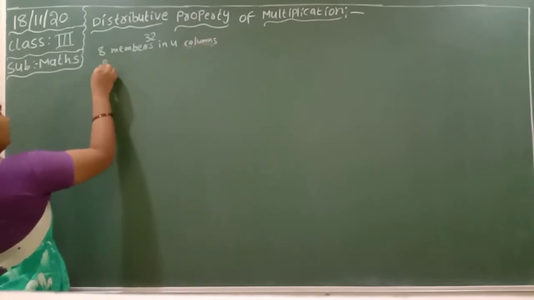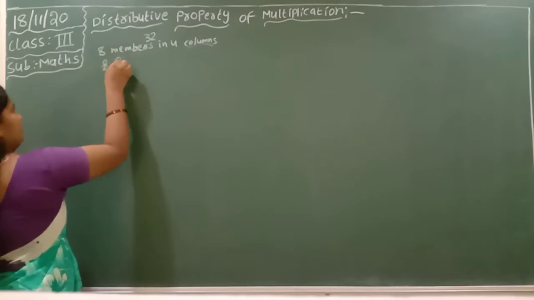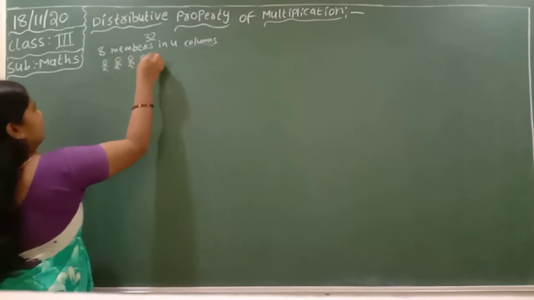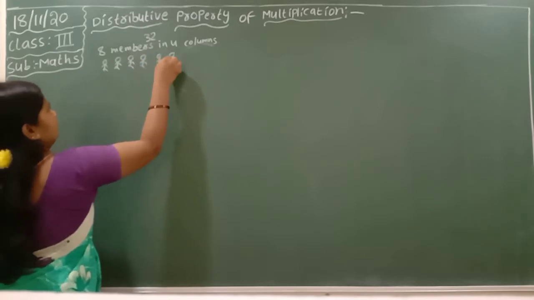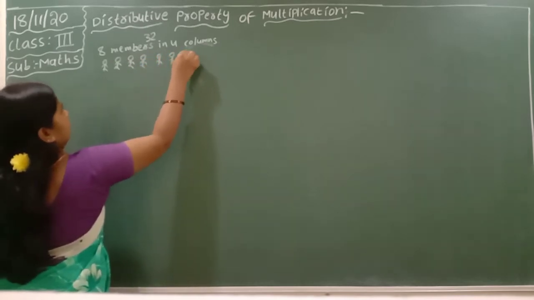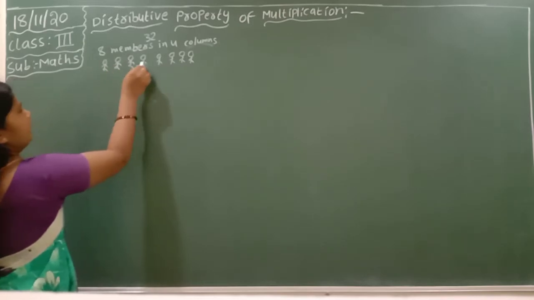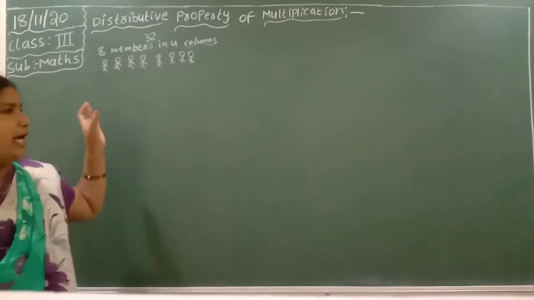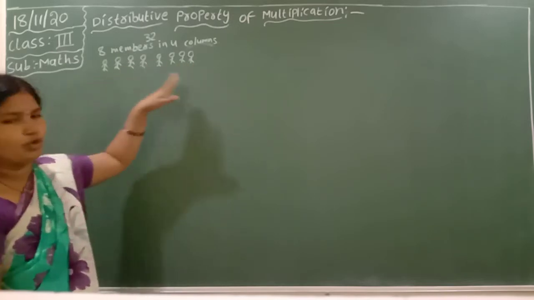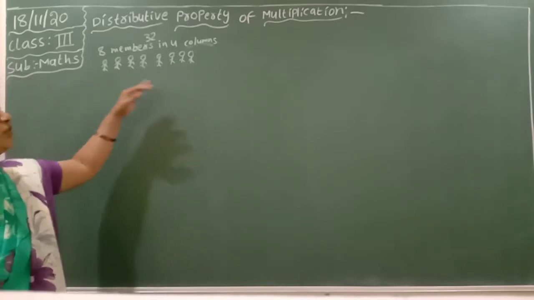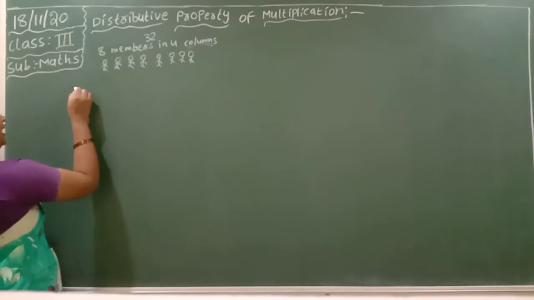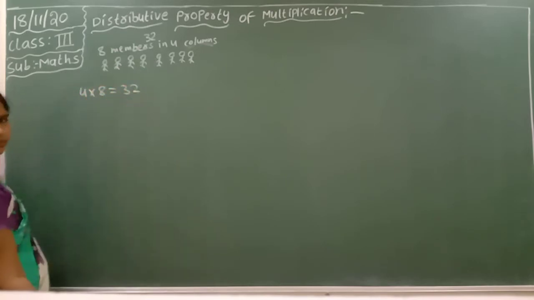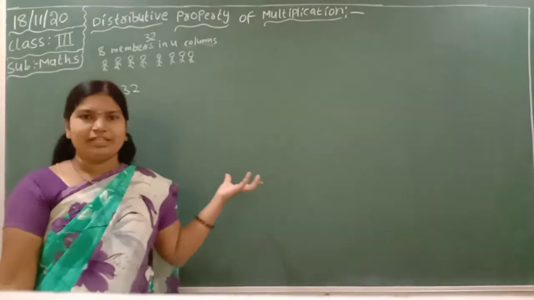Means here like this. 1, 2, 3, 4, 5, 6, 7, 8. Okay. I have 8 members in 4 rows. So 4 into 8 is equal to 32. It is one total group.